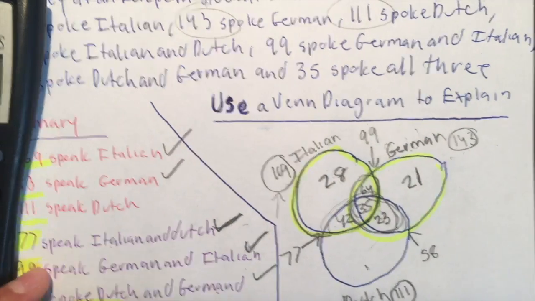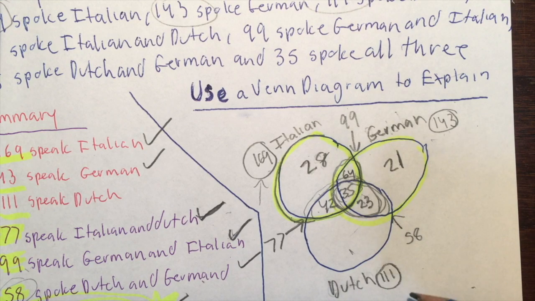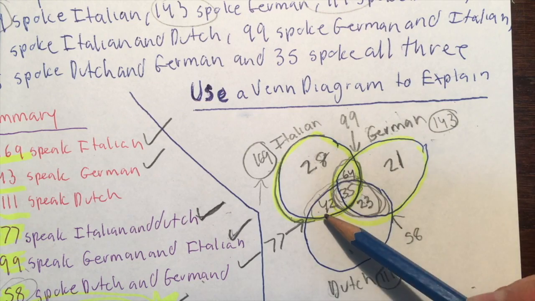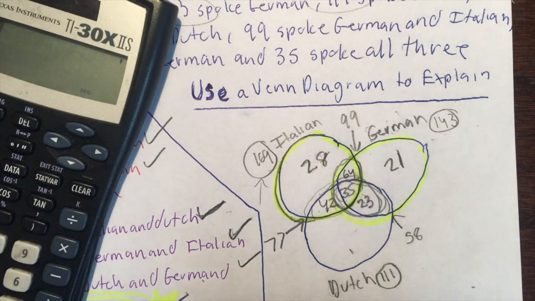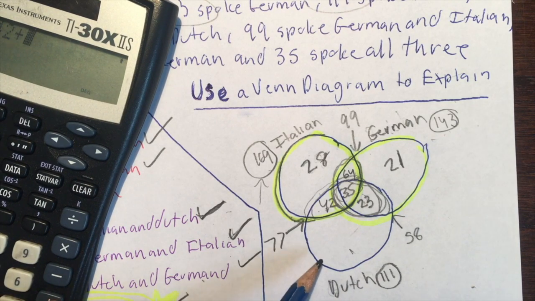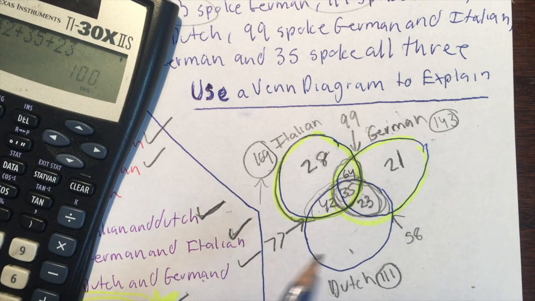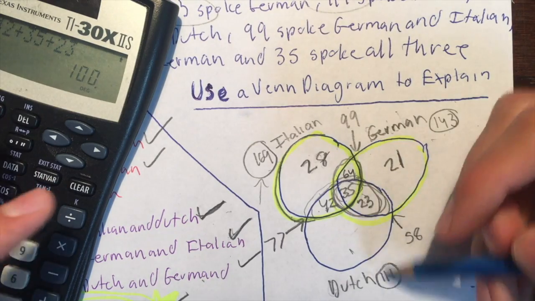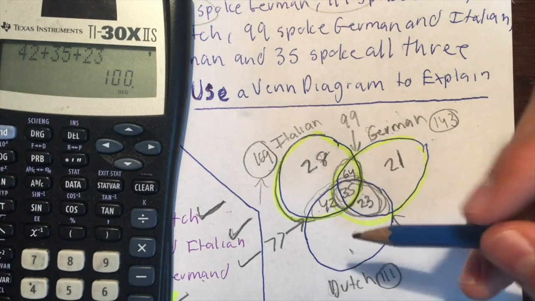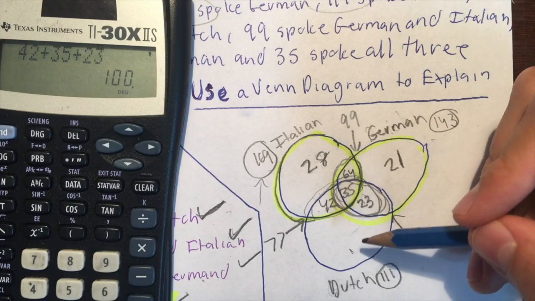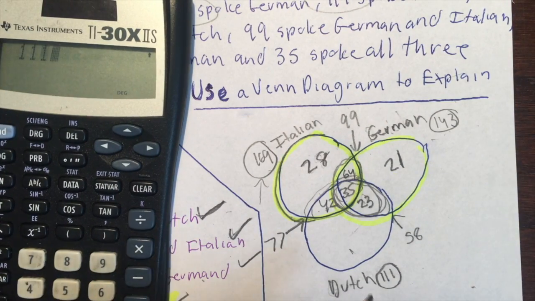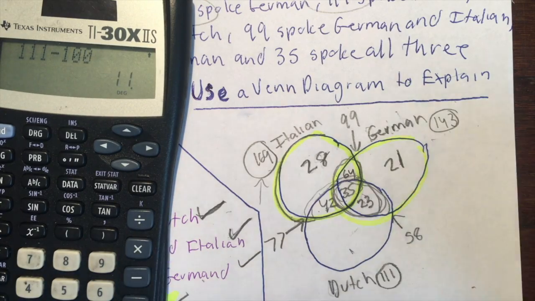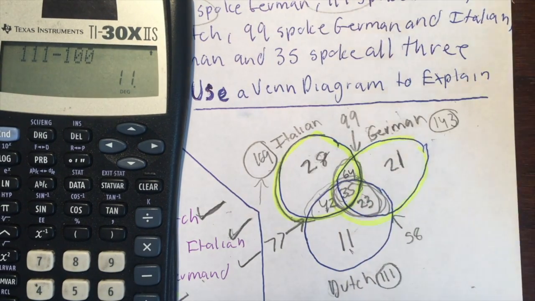Finish that one, and now we'll finish off the Dutch. So we know 111 total students speak Dutch. We already have 42, 35, and 23. So 42 plus 35 plus 23 equals 100. So we know we're still missing the students that only spoke Dutch. Now we will have to find them. We'll do 111 minus 100, and that equals 11 students.